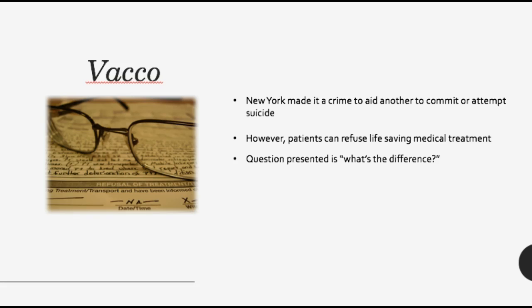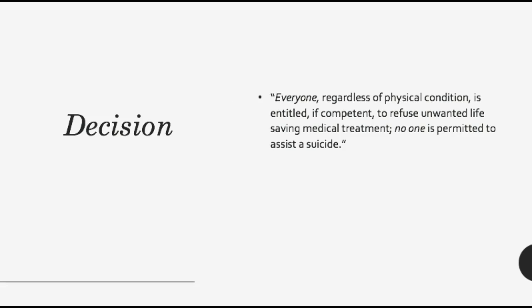So New York made it a crime to aid another person to commit or attempt to commit suicide. However, we know that patients can refuse life-saving medical treatment. So the question was, what's the difference? Well, the Supreme Court, a couple years later, said everyone, regardless of physical condition, is entitled, if competent, to refuse unwanted, life-saving medical treatment.